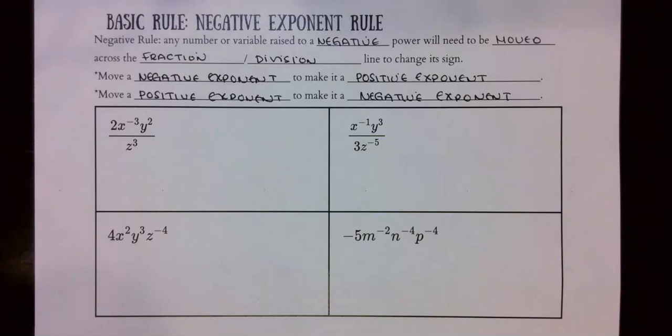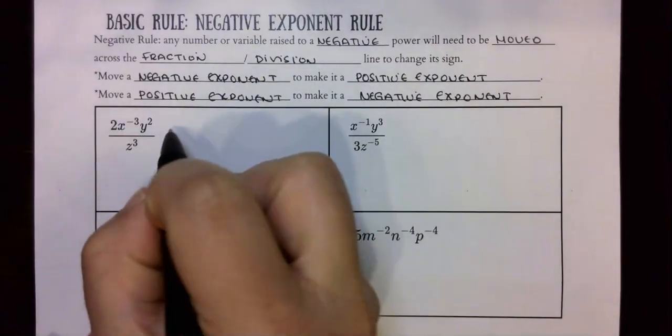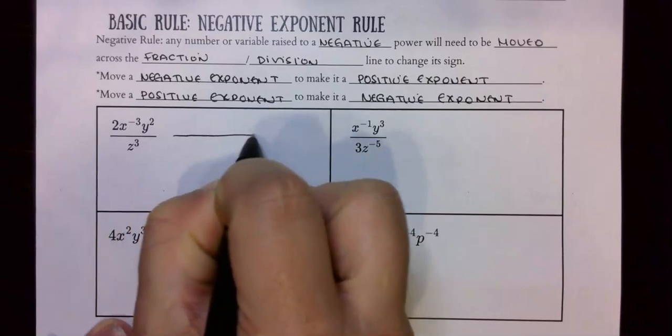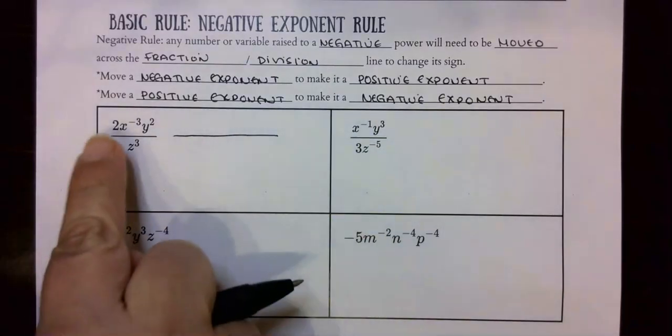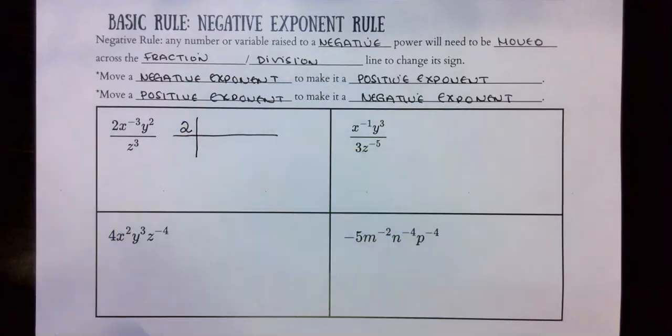So all the bases are separate from each other. So the first thing I'm going to do is, because there's only one x, one y, and one z, I'm actually going to rewrite this to where everything is separate. We only have one coefficient, so we're going to say 2, and I'm going to separate it from the rest of the problem.